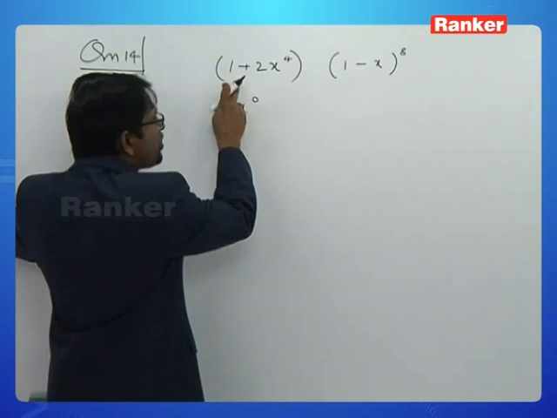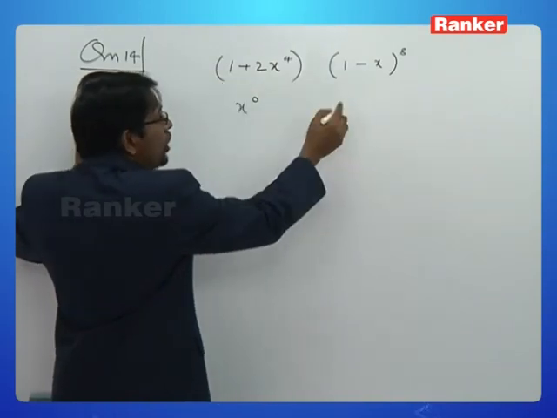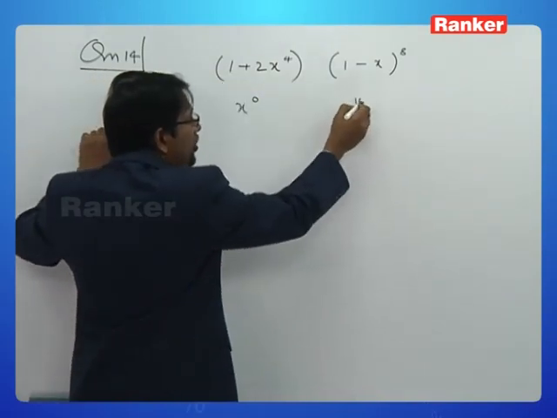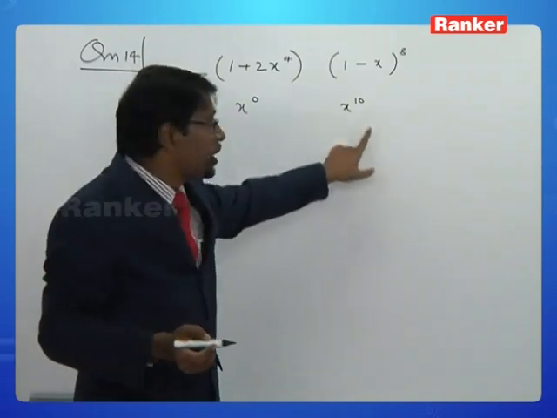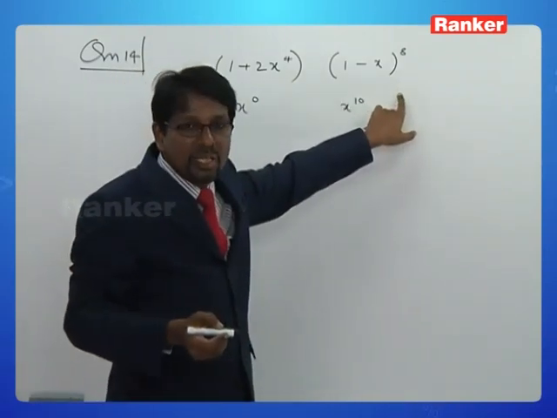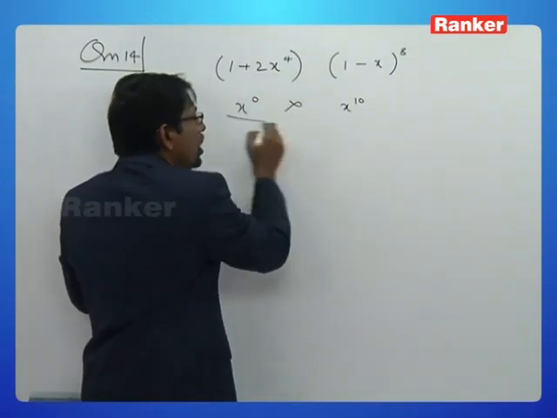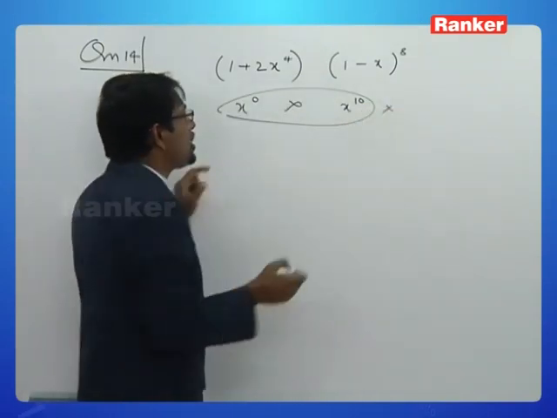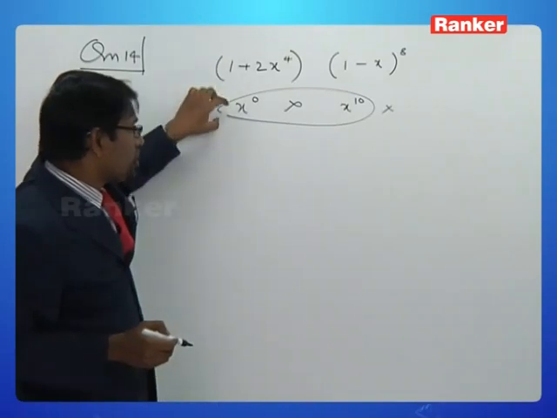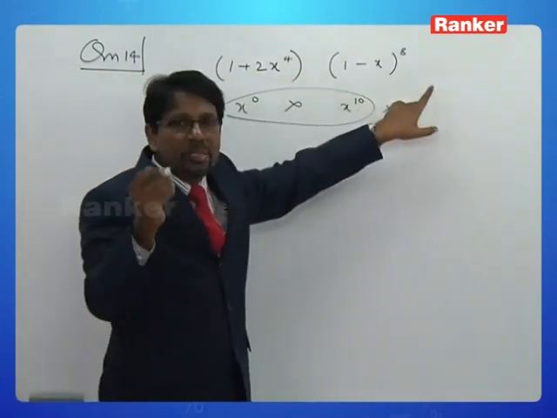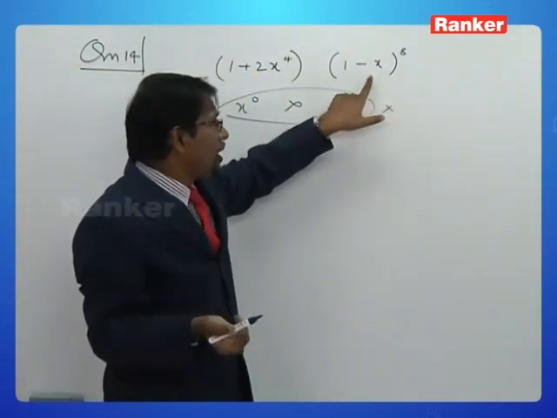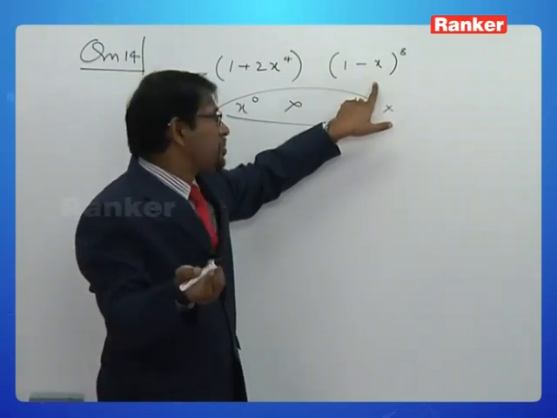Now if you take the x power 0 term in this, we need to take x power 10. But do we have x power 10? The highest power of x that appears here is x power 8 only. So this combination is not possible. The reason is, if you took an x power 0 term here, in order to get x power 10 in the product, we need x power 10 in the second expansion.